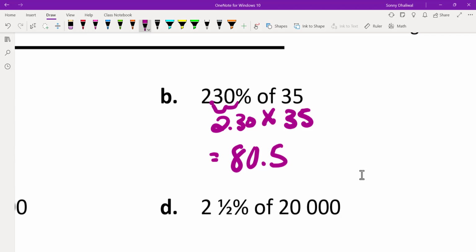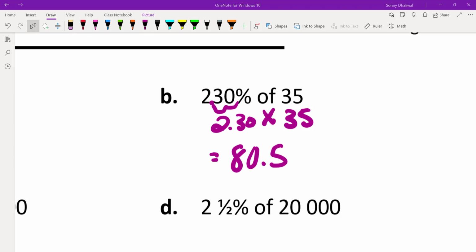So instead of times 2, we have 100%, 100%, 10%, 10%, 10%. All right? That's what 230 is, right? 200s and 30s. So what's 100% of 35?